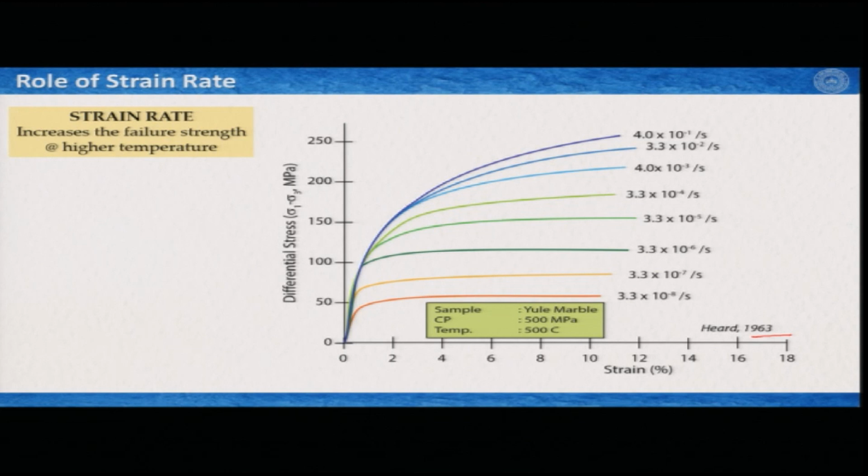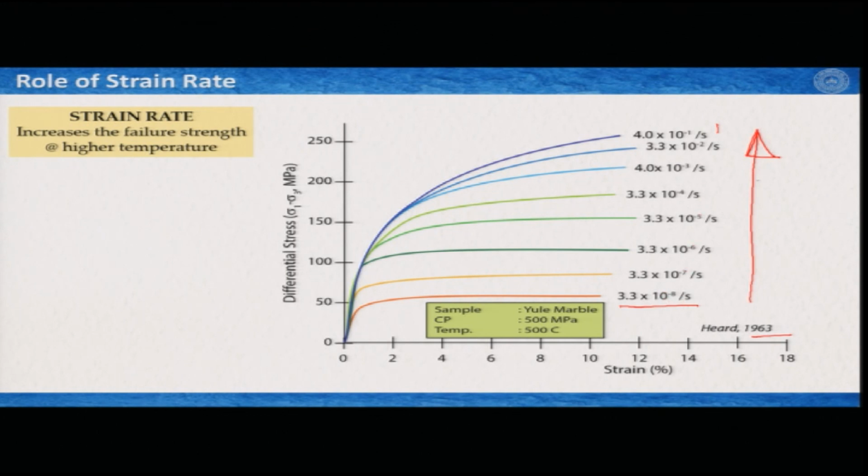So, these two were kept constant, and he varied the strain rate from 4.0 times 10 to the power minus 1 to 3.3 times 10 to the power minus 8 per second. So, clearly we can see that from here to here strain rate is increasing, with the magnitude here being 8, then 7, then 6, then 5 and so on.